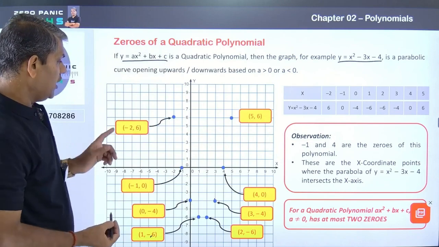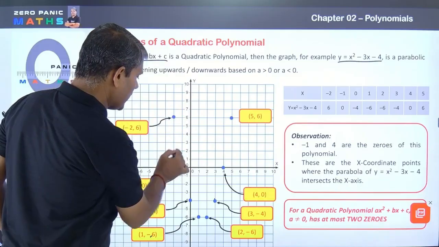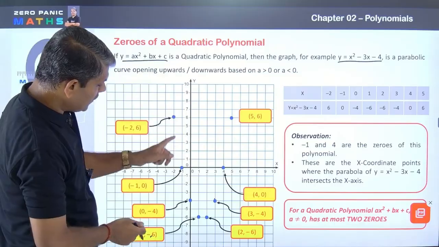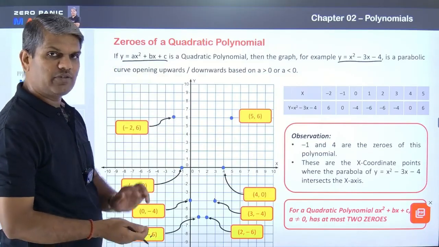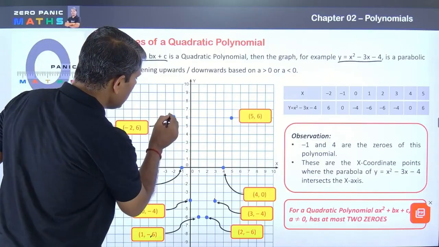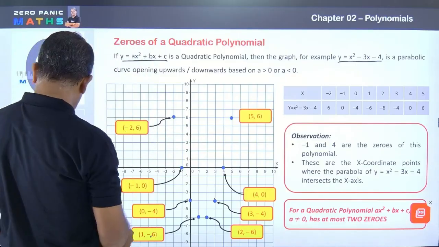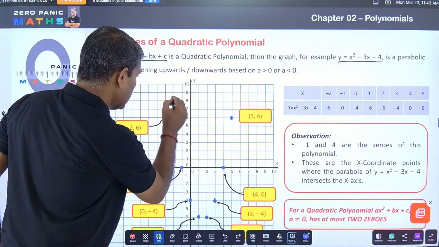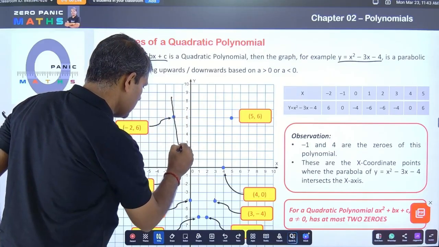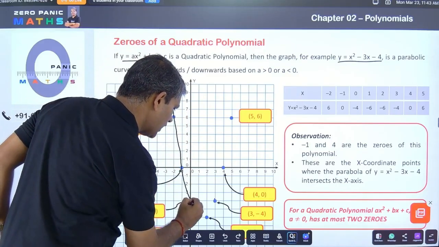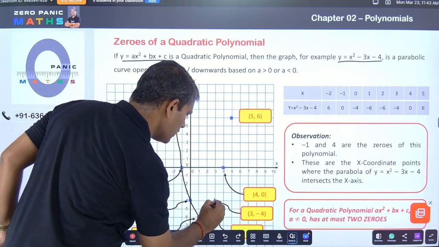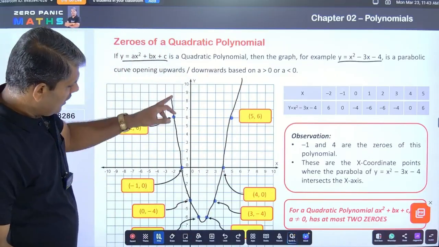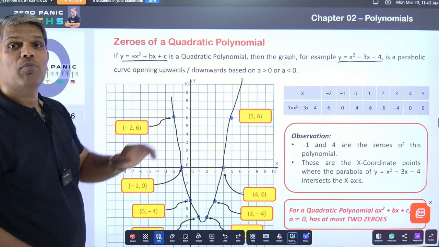Now if you connect all these points, you cannot connect them with a straight line, because you can observe here that all these points cannot be connected with a straight line. So if you start drawing a line by connecting all these points, it is actually going to give us a parabolic structure.